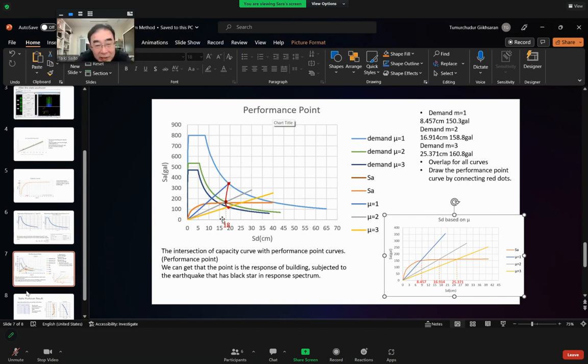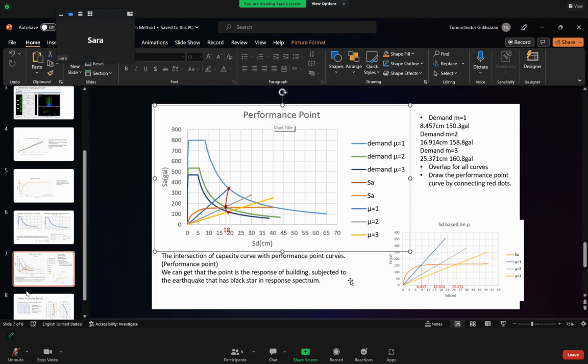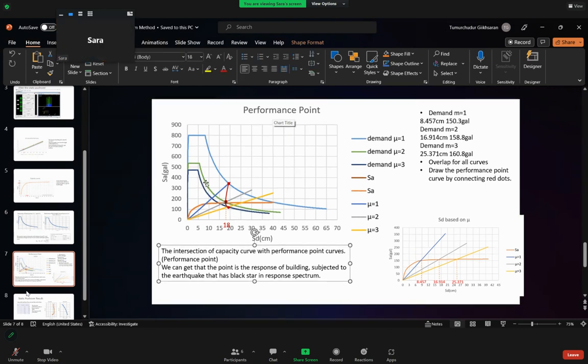So how do you obtain the green spectrum and the blue spectrum? Green and blue one? Yeah, the original spectrum is light blue, right? This one. Light blue. But you obtain the green one and the blue one. How did you get this?